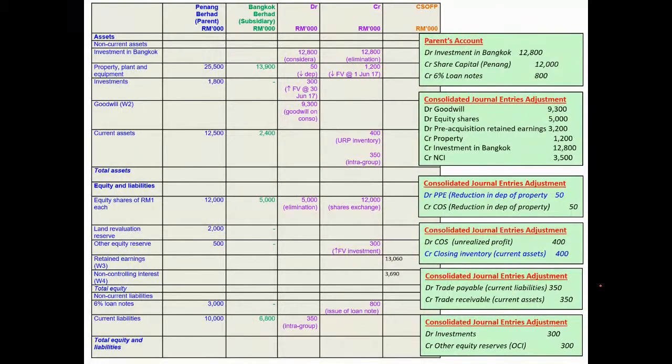Okay, so this is your consolidated balance sheet. This part here, I just want to show you the journal entries that you have to transfer everything inside the worksheet. Okay, and you can see that my debit column and credit column I already filled up according to your journal entry.